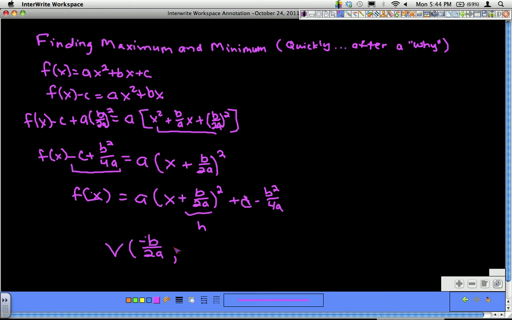And then of course, anytime I take my x value, I can plug it back in up here to find a y. So in this case my x is negative b over 2a. And there's my vertex. So let's put this to use and show you how it can make things a lot quicker depending on what kind of situation we have here.